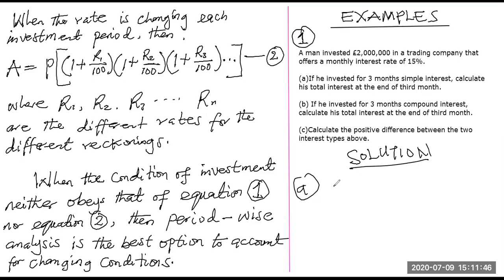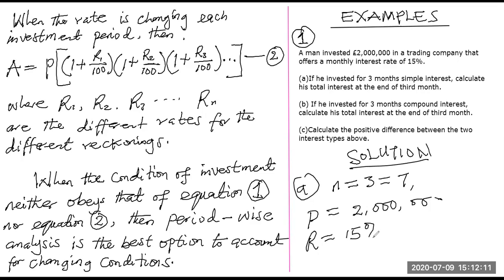So our N here is equal to 3, which is equal to T. And what do we have again? Our P, the capital he used in investing, is 2 million. We now have our rate, which is 5% monthly, per month.